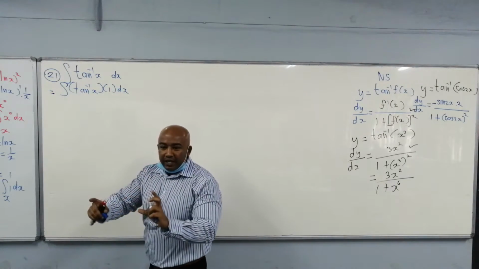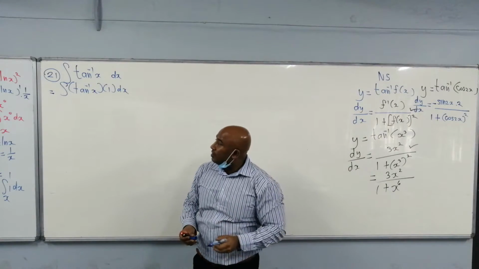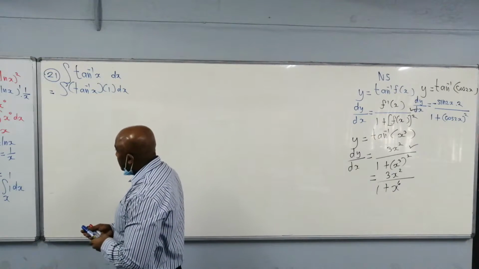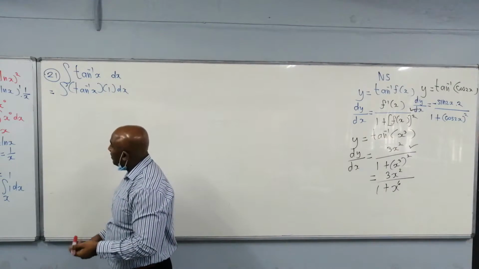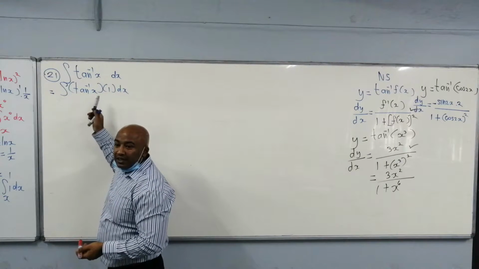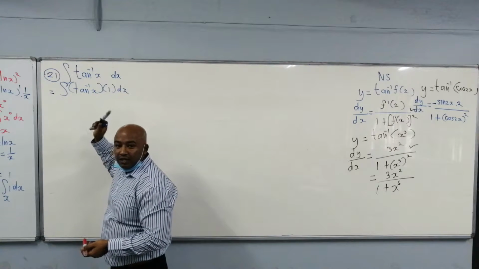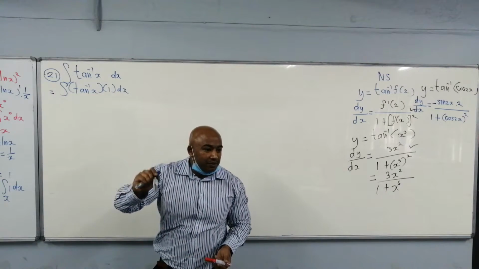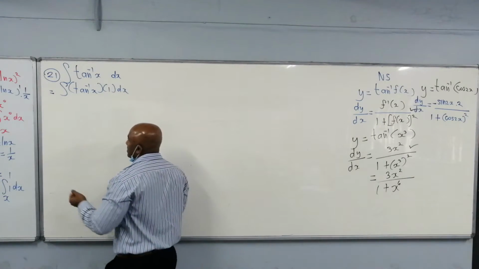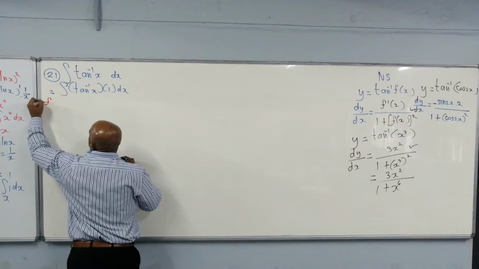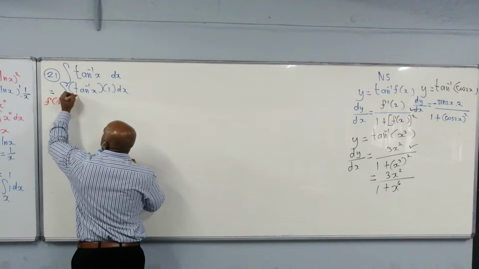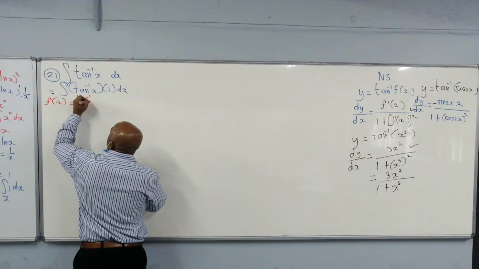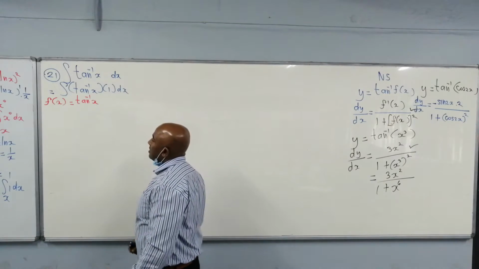Obviously, 1 is x to the power 0. Now, from your priority list, you know that this is number 1 on the priority list. So if it is number 1, it must be chosen as f of x. So now my f of x is going to equal arctan or inverse tan x.